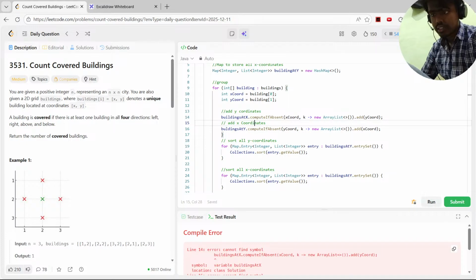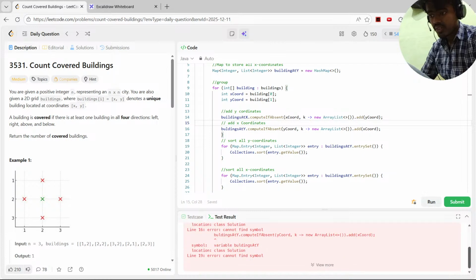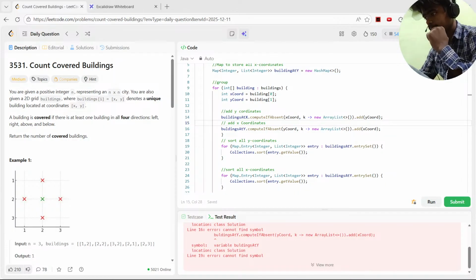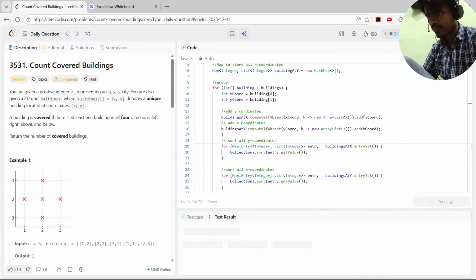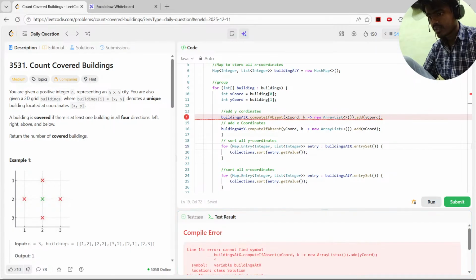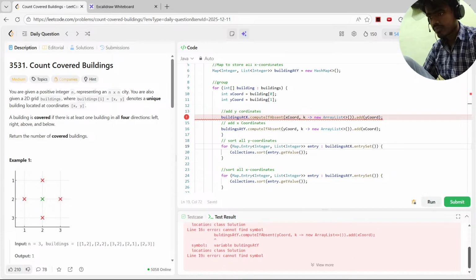He says in line 19 can't find symbol, map entry integer, rich integer. Error can't find symbols.